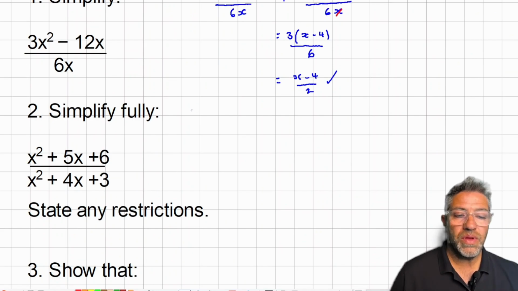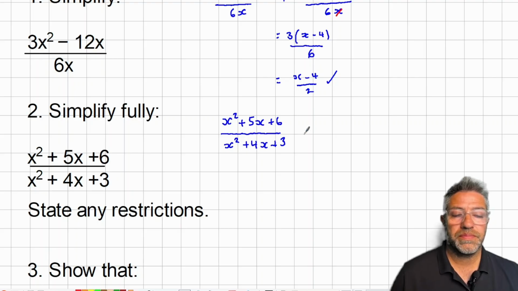This time we have a quadratic in the numerator, x squared plus 5x plus 6 all over x squared plus 4x plus 3.